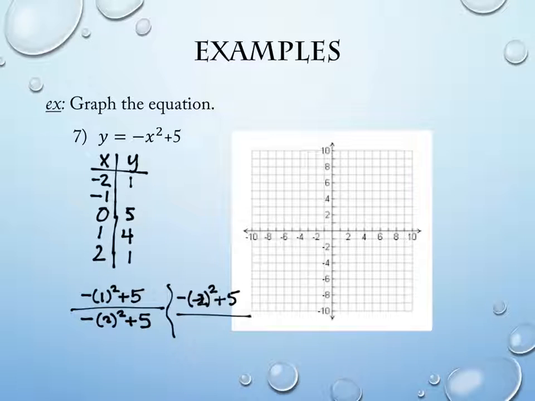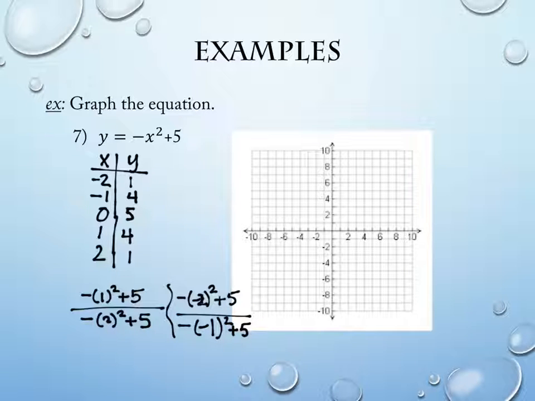And how about negative 1 squared? It makes 4. Do you see any pattern kind of things happening in my y values in all 3 problems that we've done so far? They're like mirrored, and we're going to talk about that in just a minute.